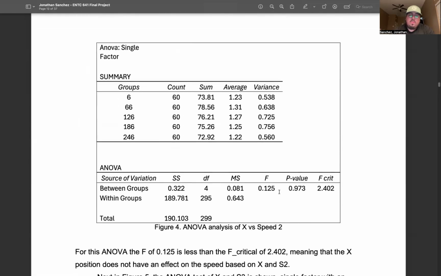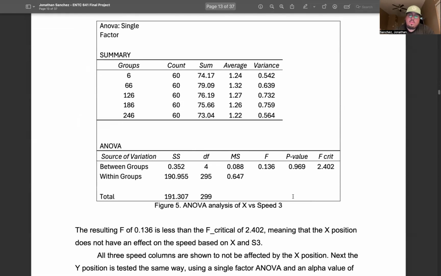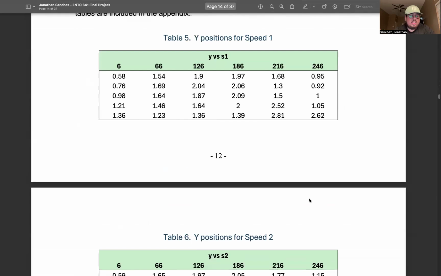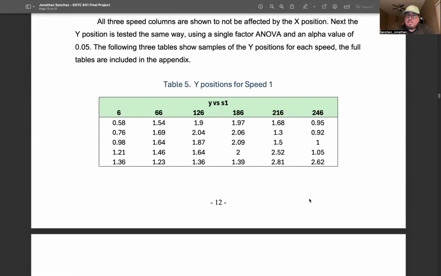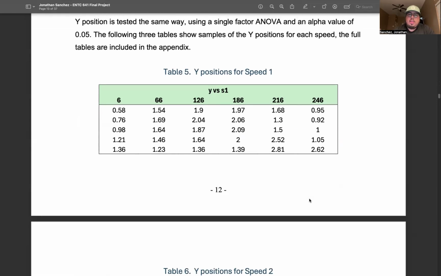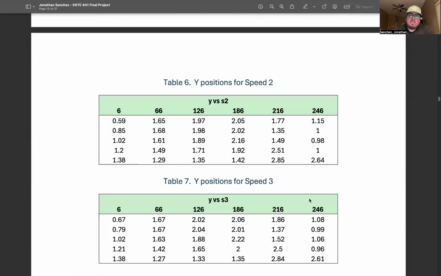The same can be shown for the second ANOVA of X versus speed 2, with a smaller F than the F critical, and as well for X versus speed 3. This shows that the X position value has no effect on the speed coming out of the nozzle. We continue with the Y position to check to see if that position has any effect on the speed.